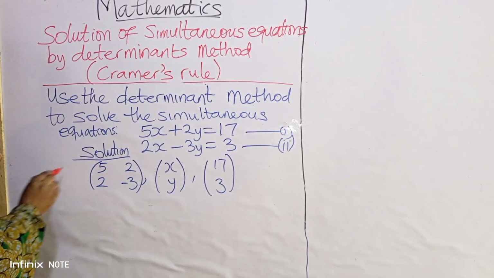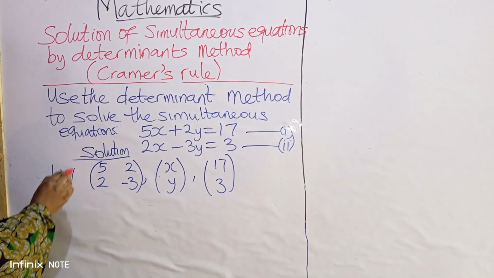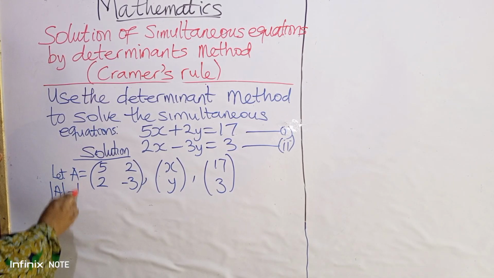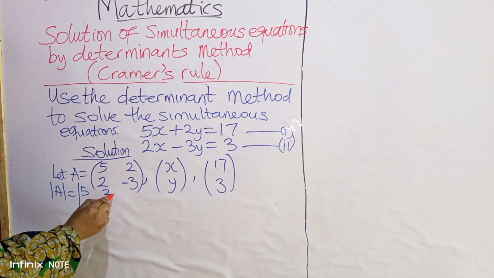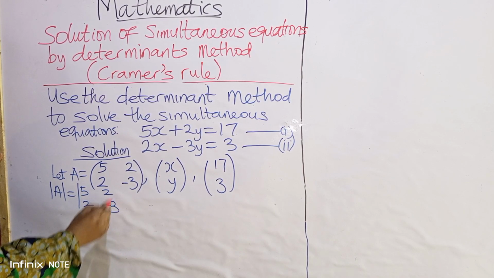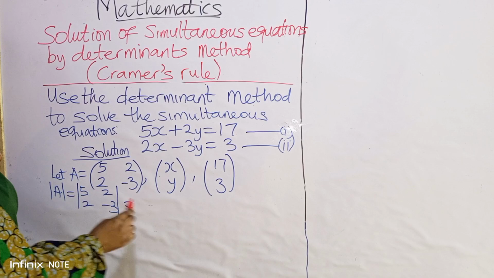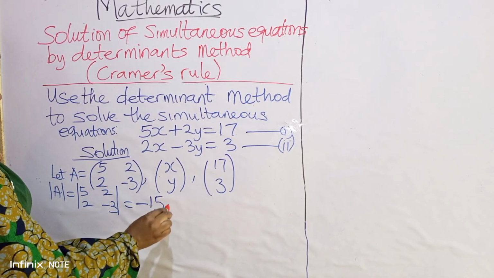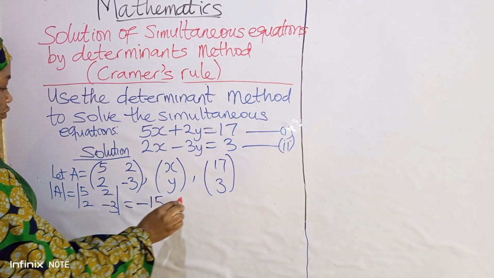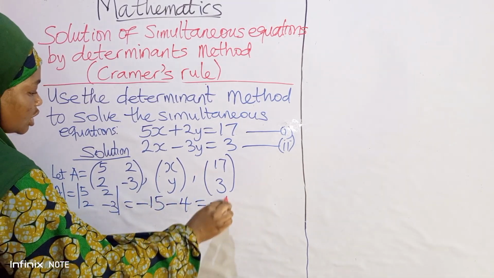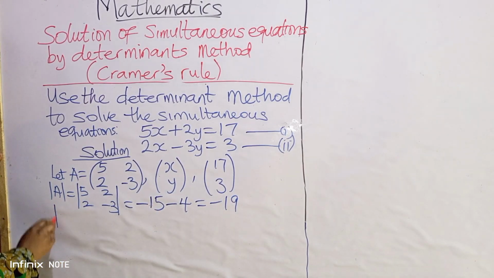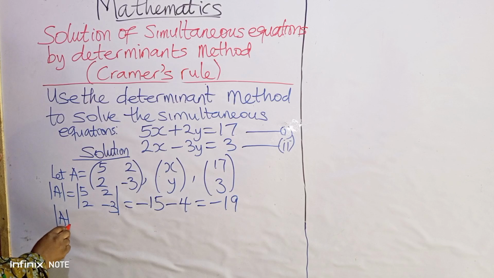Now, let this be matrix A. Let's find the determinant of A, which is 5, 2, 2, minus 3. It will be equal to minus 3 multiplied by 5, minus 15, then minus 2 multiplied by 2, which is 4. That is minus 19. That means the determinant of A is minus 19. So let's find the determinant of A with respect to x.